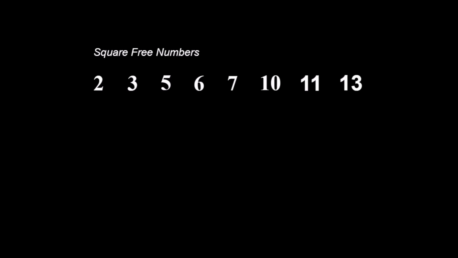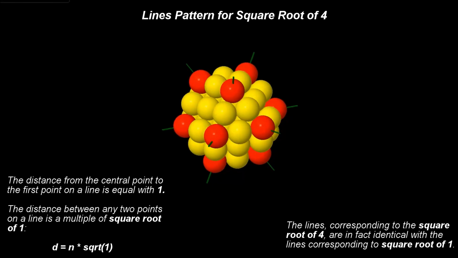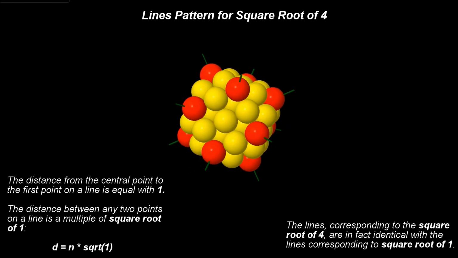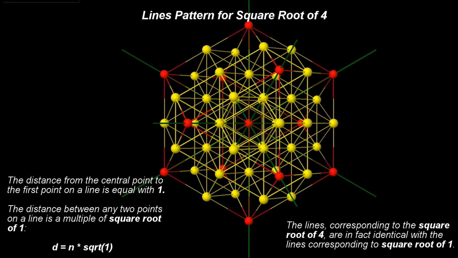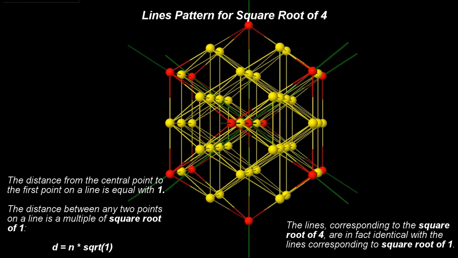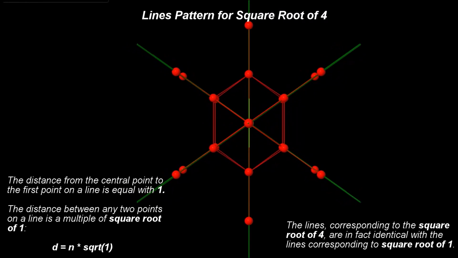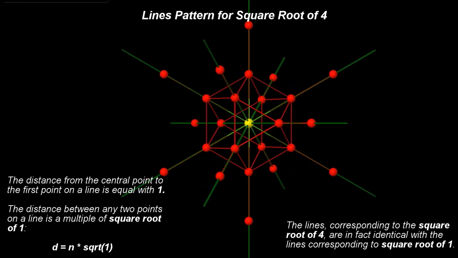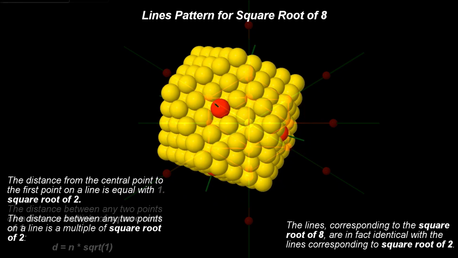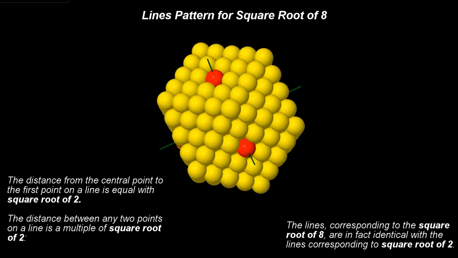The lines corresponding to the square root of 4 are in fact identical with the lines corresponding to the square root of 1. The distance between the central point and the second point on the square root of 1 line is equal to 2. The lines corresponding to the square root of 8 are also identical with the lines corresponding to the square root of 2.